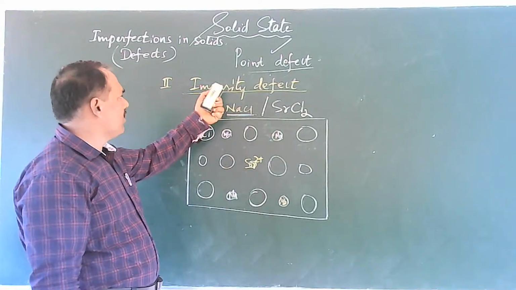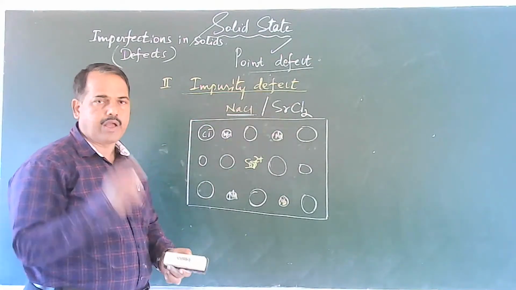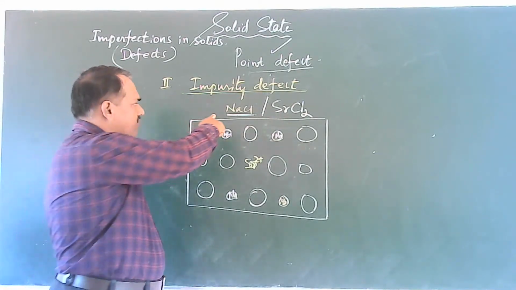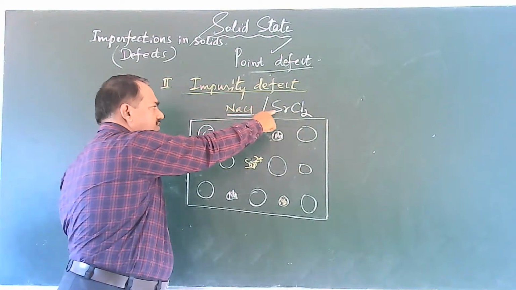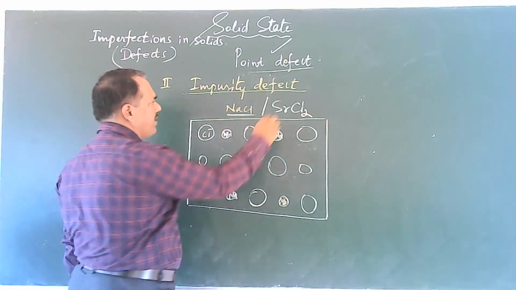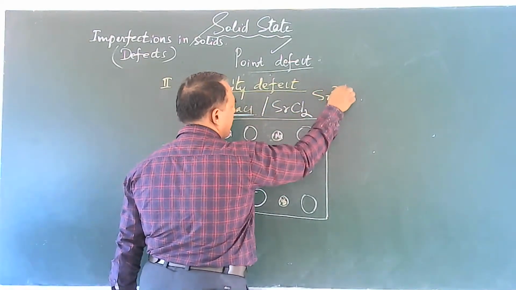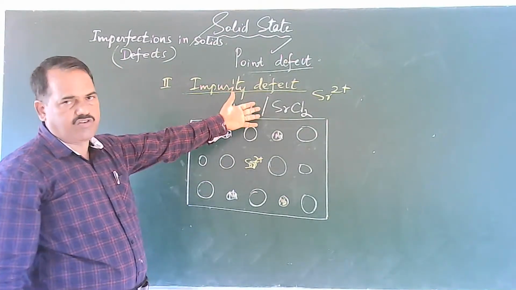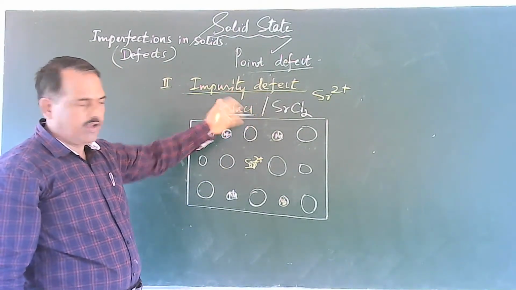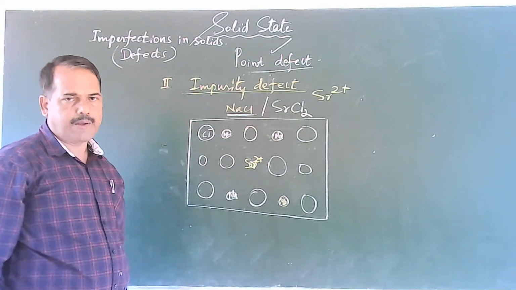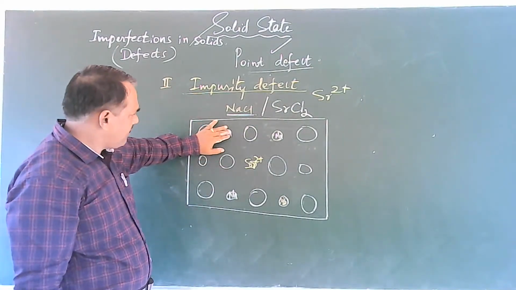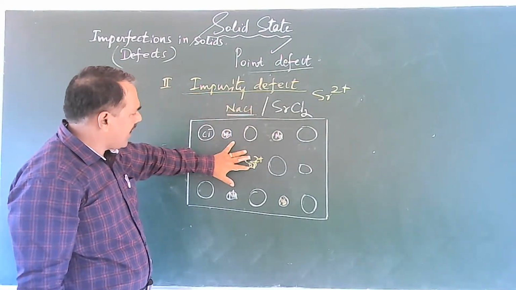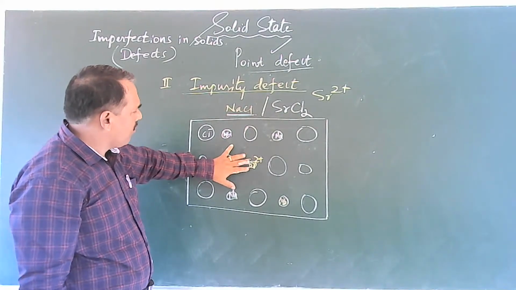This type of defect is called impurity defect. The example is a crystal of sodium chloride with the presence of Sr2 plus ion. As the sodium ion moves towards the surface, the chloride ion also does, and we can find the gap.